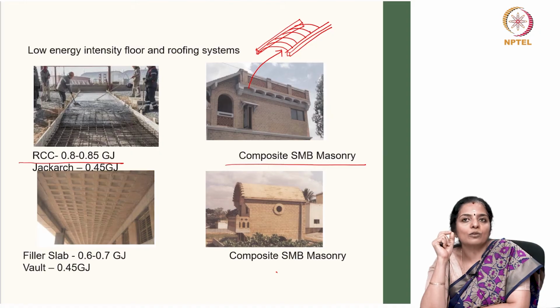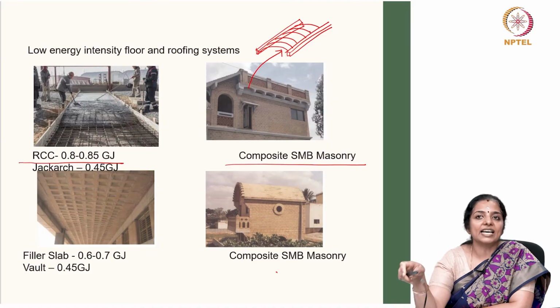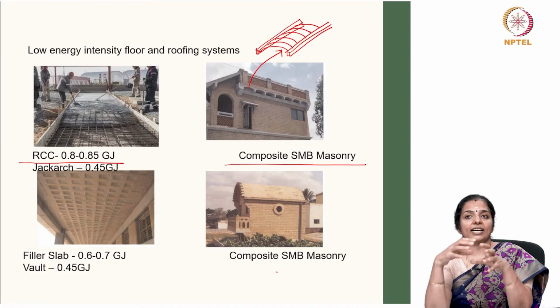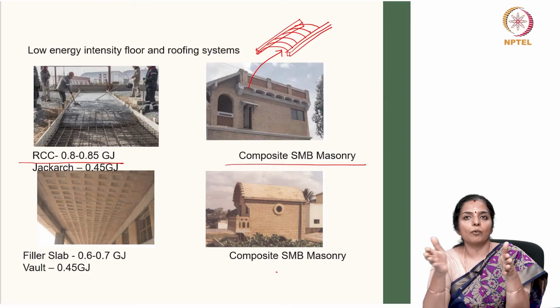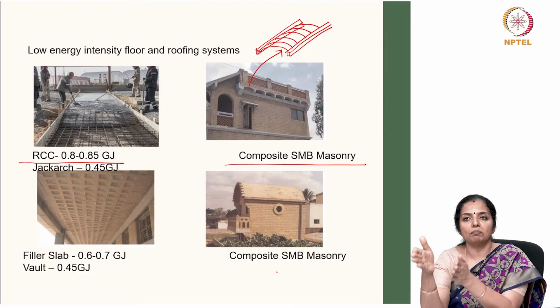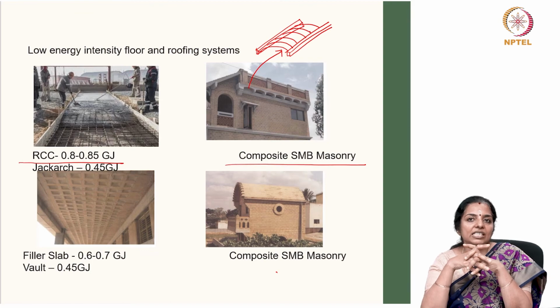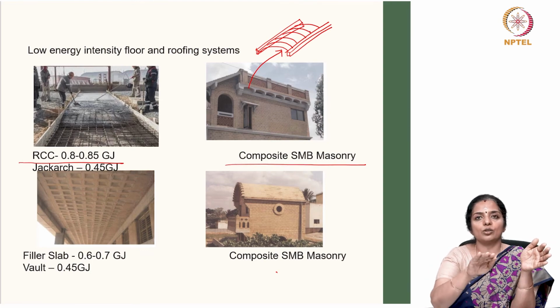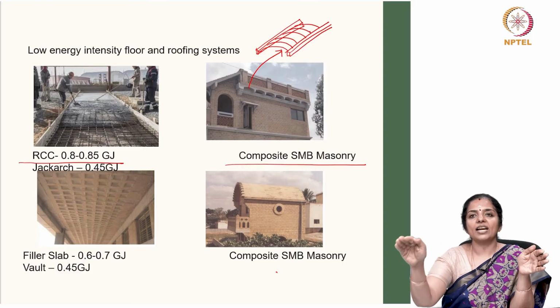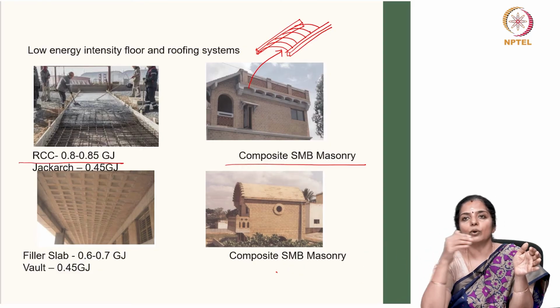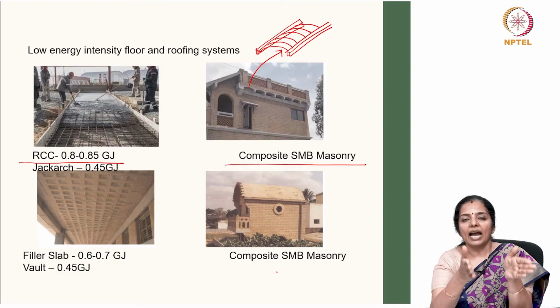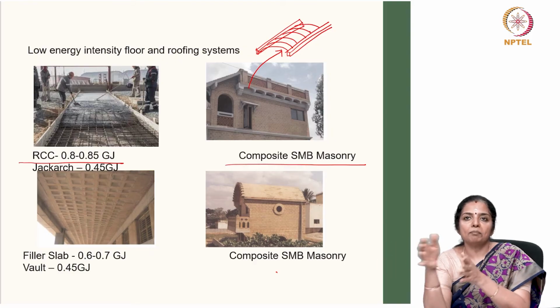This name has also been used to describe another roofing system that involves a series of smaller sized yet elongated vaults that are supported on intermediate beams, and these are called jack arch slab roof type. So, they are a series of mild vaults placed next to another and on RCC beams.